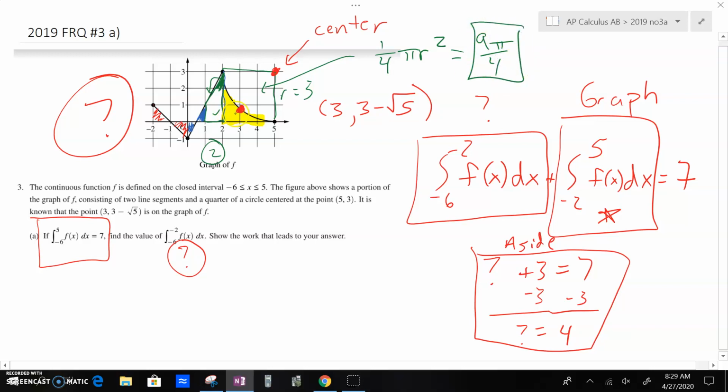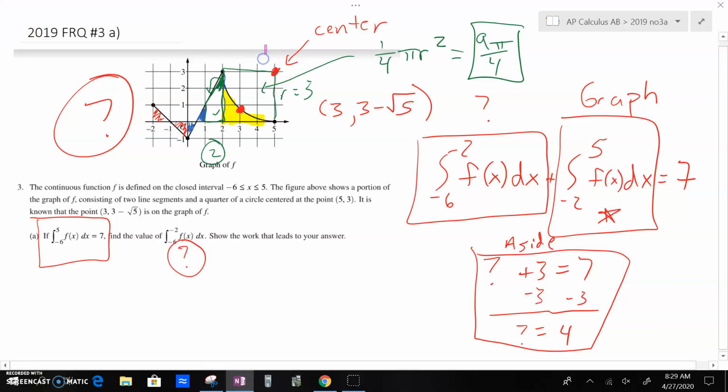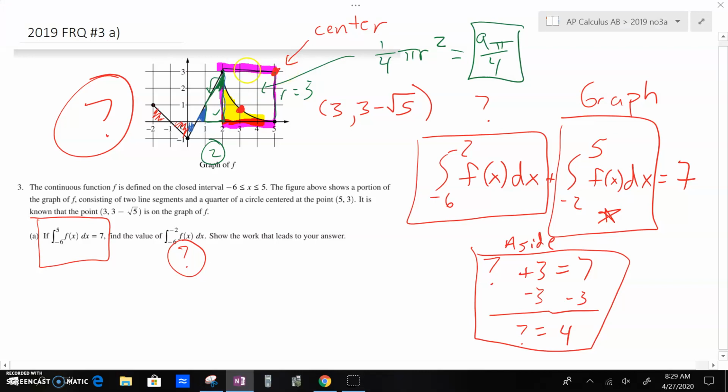To get this space, I'm going to take that big 3 by 3 square. I'm running out of colors here, but we can get creative. That big square is 3 by 3, an overall space of 9. So that overall square is worth 9. I'm then going to subtract out the piece I'm not using, which is that quarter circle.